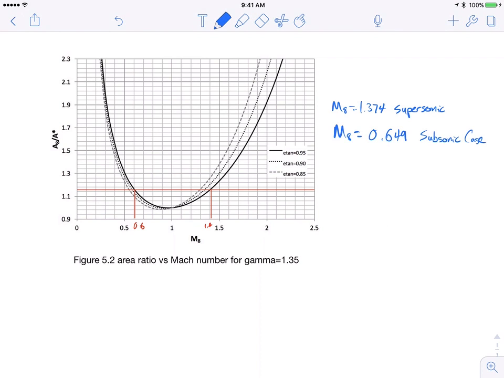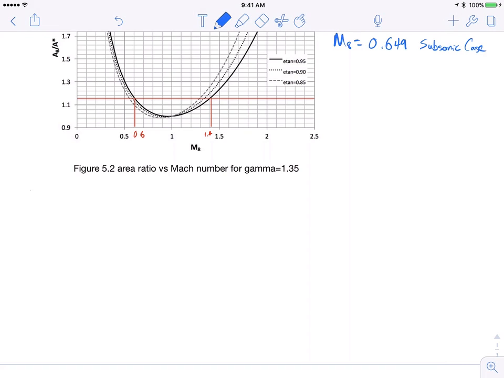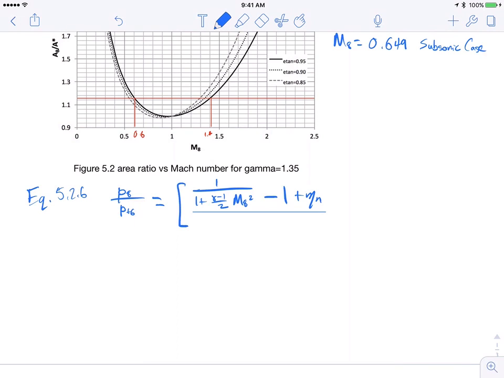So with our nozzle efficiency of 0.97, we are actually going to need to use equation 5.2.6, which is the static pressure, P8, at the exit, divided by our inlet total pressure, PT6, is going to be equal to 1 over 1 plus gamma minus 1 over 2, with our Mach number at 8 squared, minus 1 plus our nozzle efficiency all over our nozzle efficiency. And that quantity is going to be raised to the gamma over gamma minus 1.